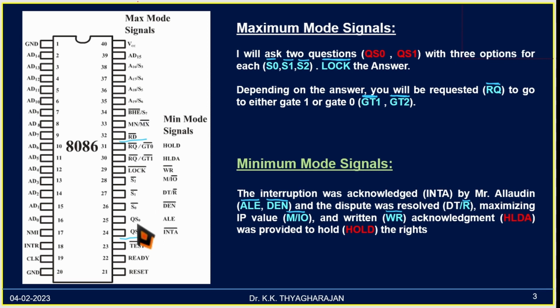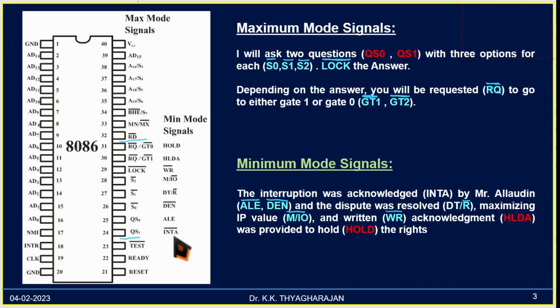These are the functions performed by these pins in maximum mode. Similarly, in minimum mode, the same pins will perform these functions, that is interrupt acknowledge, ALE, that is address latch enable, data transmit or receive, then memory or IO, then write, hold acknowledge, hold.